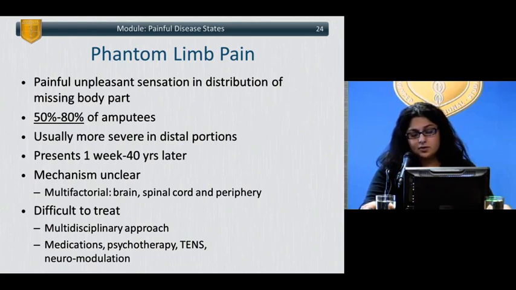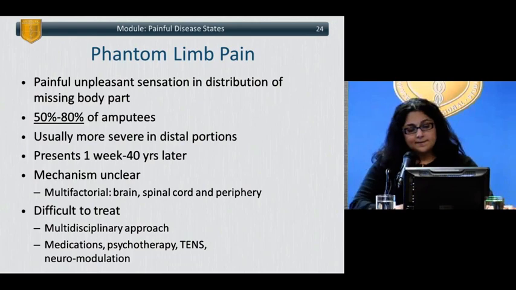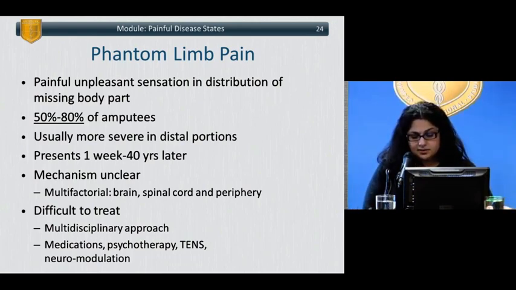Treatment is also quite difficult. Many of our neuropathic pain syndromes, even with medication management, patients still report moderate to severe pain. Once again, a multidisciplinary approach is going to be recommended, and we're going to discuss some of those modalities later on. But once again, medications, non-pharmacological methods, and neuromodulation is usually recommended.